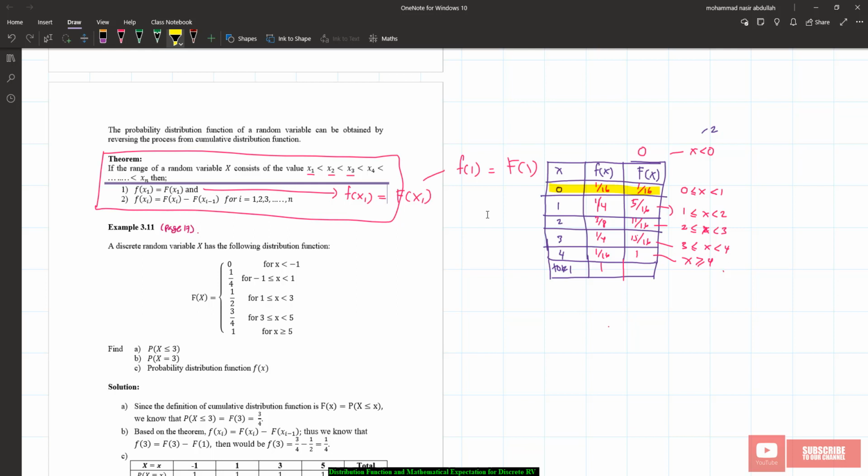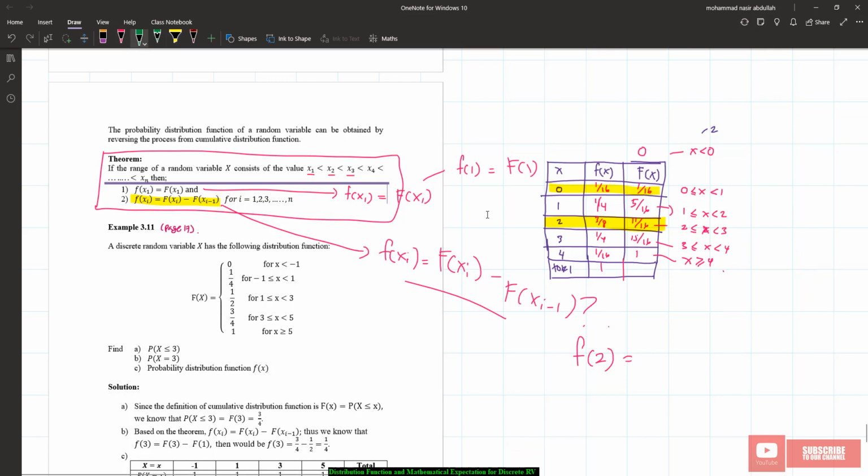So let's look at the second theorem. If you want to find f xi, it is equal to capital F xi minus capital F xi minus 1. What does this mean? It means that if you want to find, let's say, the probability distribution for number 2, we are focusing on this row.